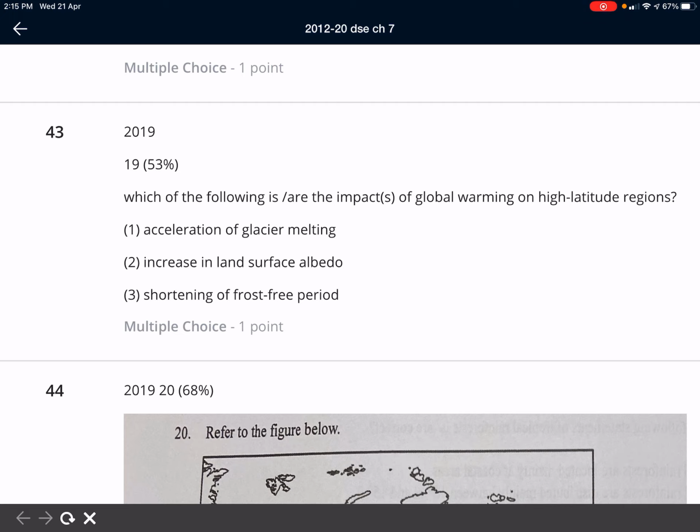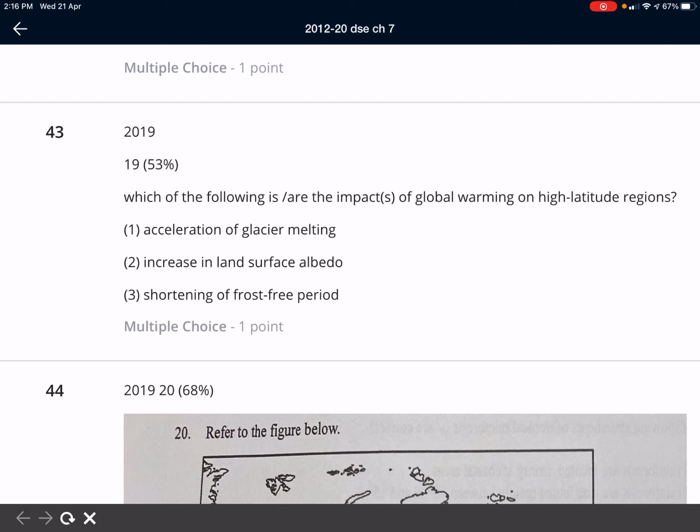So if we are having global warming, then we shouldn't have that much ice. Then how about the albedo? Albedo should be reduced because we are changing from ice to some land area without ice. So the land surface albedo will be decreasing. So number 2 is wrong.